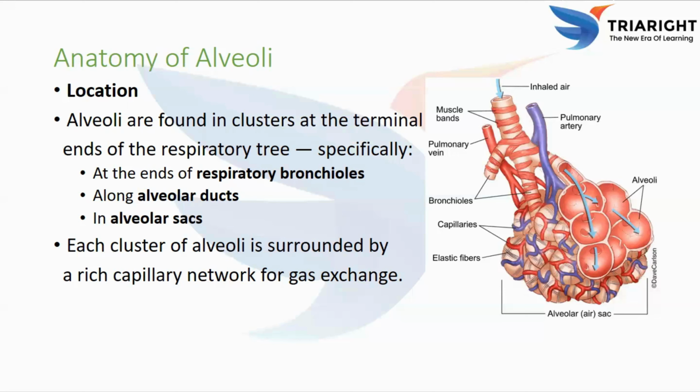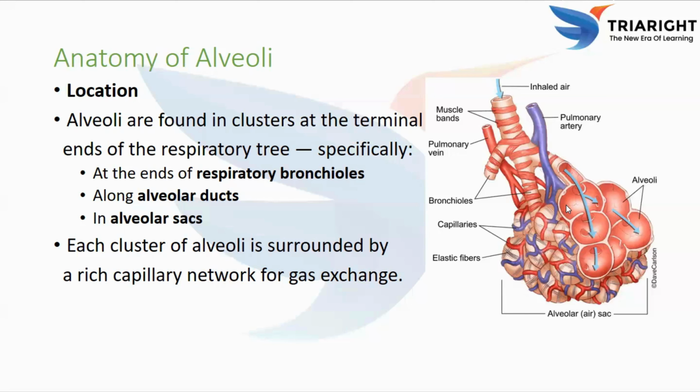Number and surface area. How many alveoli are present in the human lungs? There are about 300 to 600 million alveoli in both lungs combined. Each one is tiny, but together they create a huge surface area.